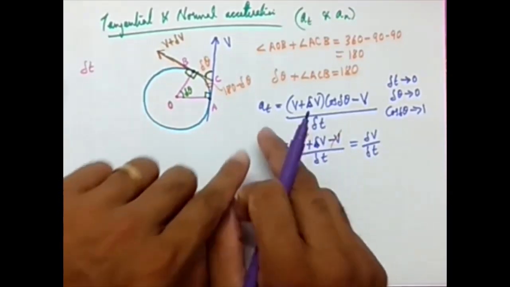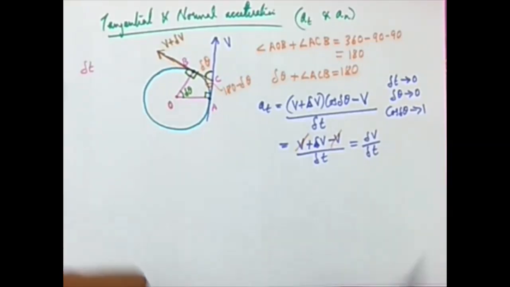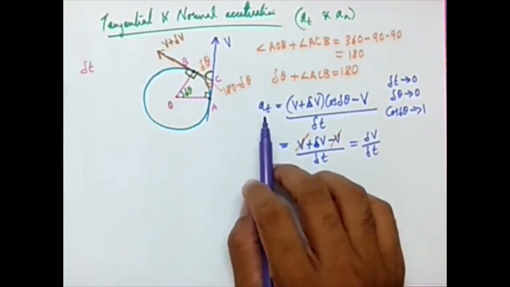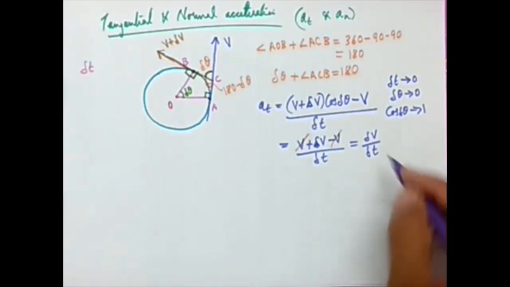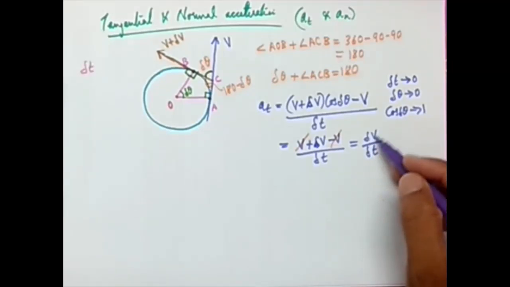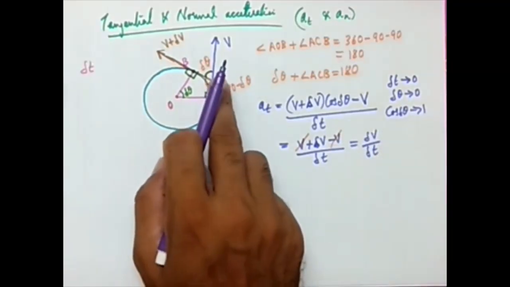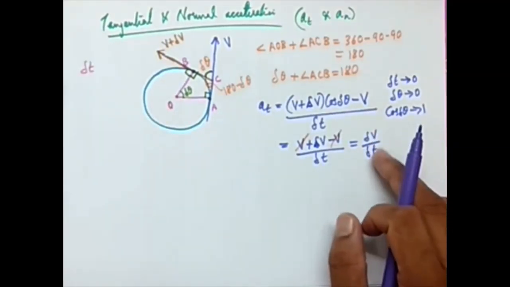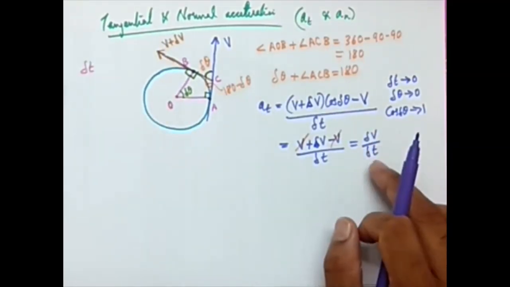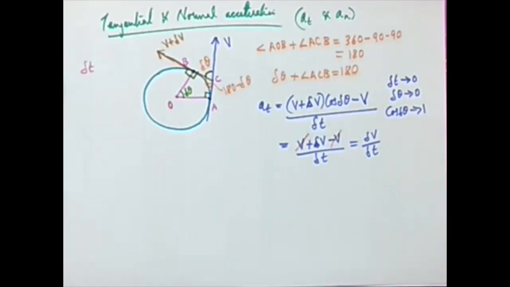Okay, so the acceleration in the tangential direction is delta v by delta t. And what is delta v by delta t? That is the change in magnitude of velocity. Earlier it was v, now it is v plus delta v. So delta v is the change in magnitude of the velocity divided by time.